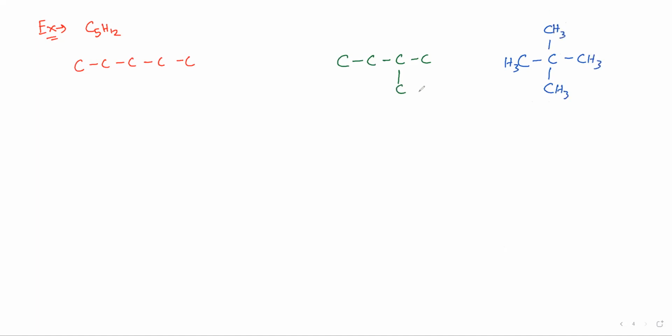Here you have CH3. This is CH3. This is CH, CH2, CH3. Now you have CH3, CH2, CH2, CH2, CH3.